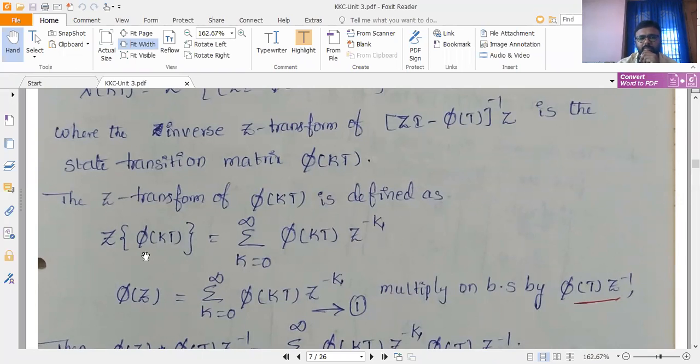So this Z transform is going to be taken as φ(z), that is the sum from k equal to 0 to infinity of φ(kT) into z power minus k.